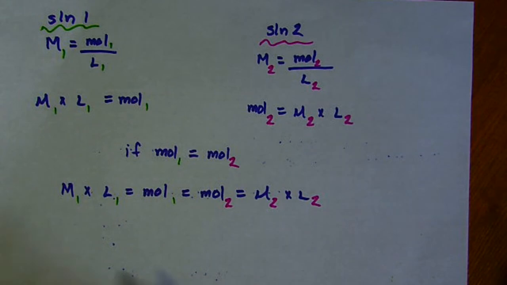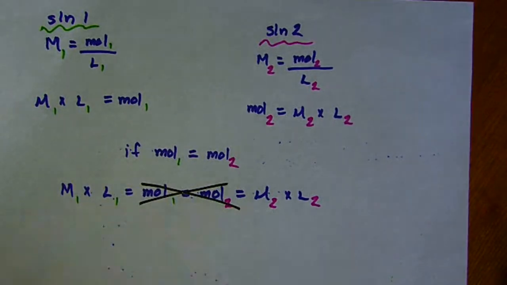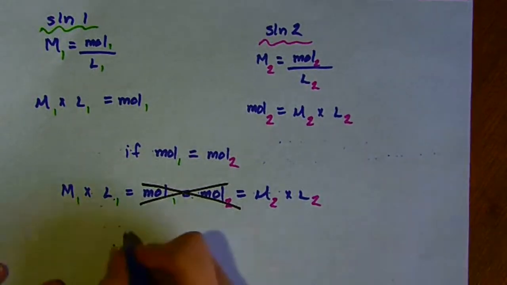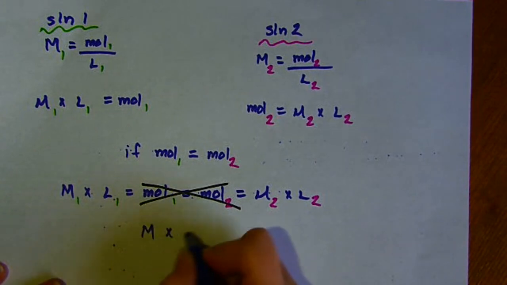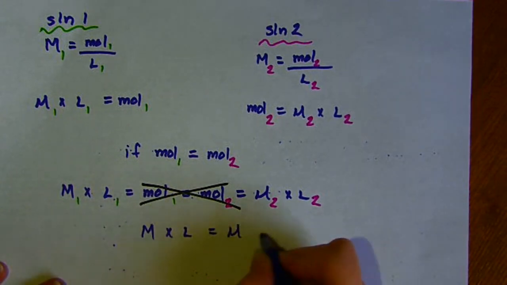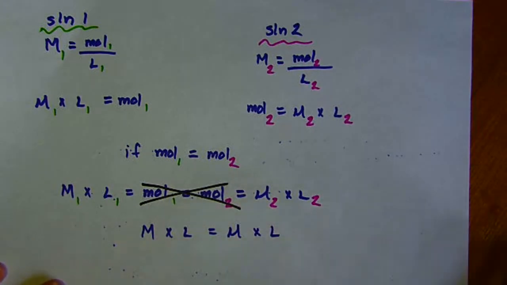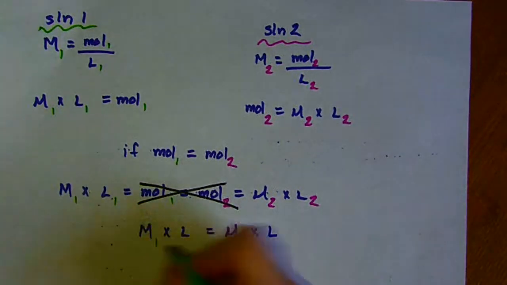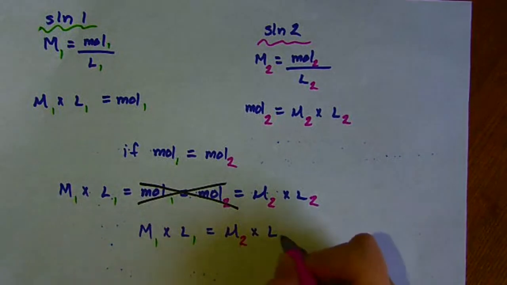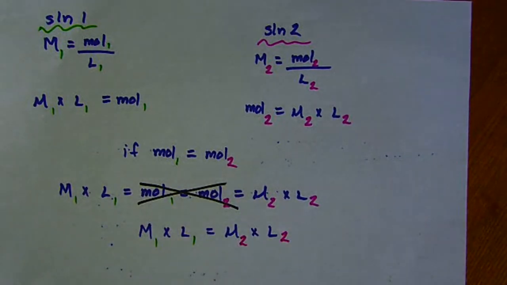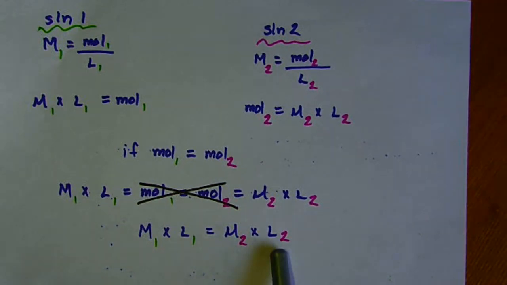And then we can just hack out the middleman. And what we're left with is this, that the molarity of solution 1 times volume of solution 1 in liters equals the molarity of solution 2 times the volume of solution 2 in liters. This is our dilution equation.